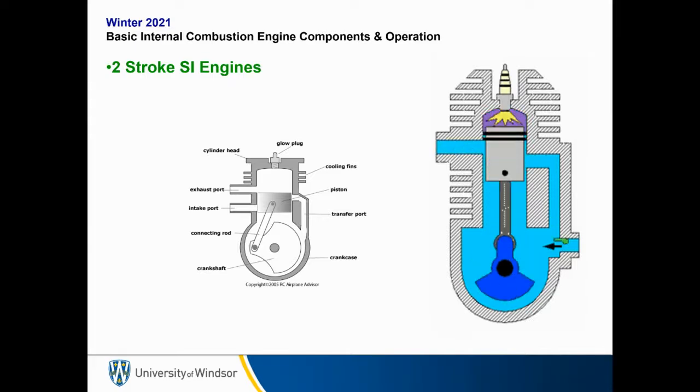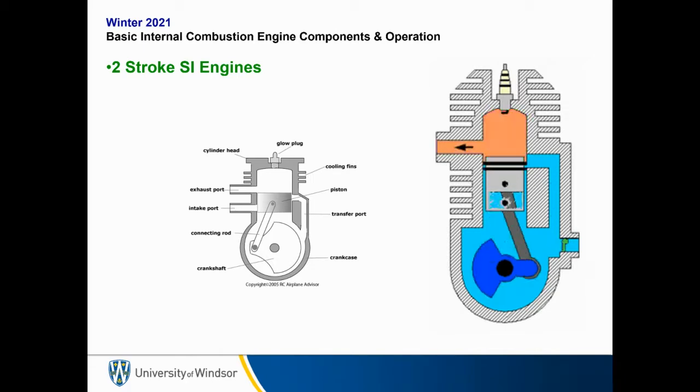So two-strokes are great for small applications because you can make very small engines still produce a high level of power. Two-strokes are very common on motorcycles, a lot of your yard equipment, chainsaws, hedge trimmers, and stuff like that. If they're high performance, like a Stihl, they're all two-strokes because you can make a much smaller engine for the amount of power output. Again, emissions are somewhat of a problem.